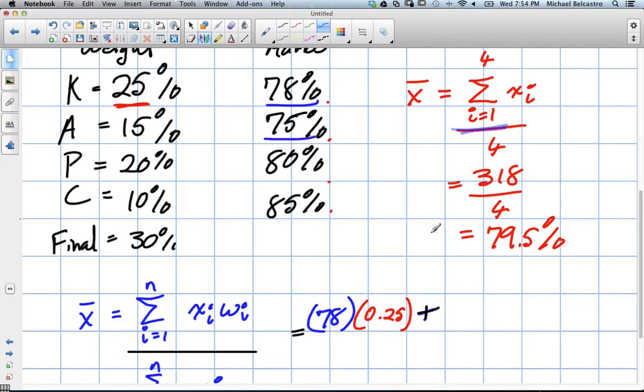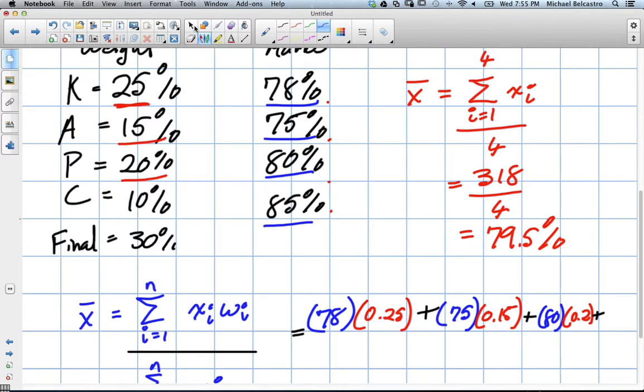Our next value being 75 times our weighting of 15, which is 0.15. Okay. And then we add it to the next value of 80 multiplied by 0.2. Does that make sense how I'm converting these? Yeah.